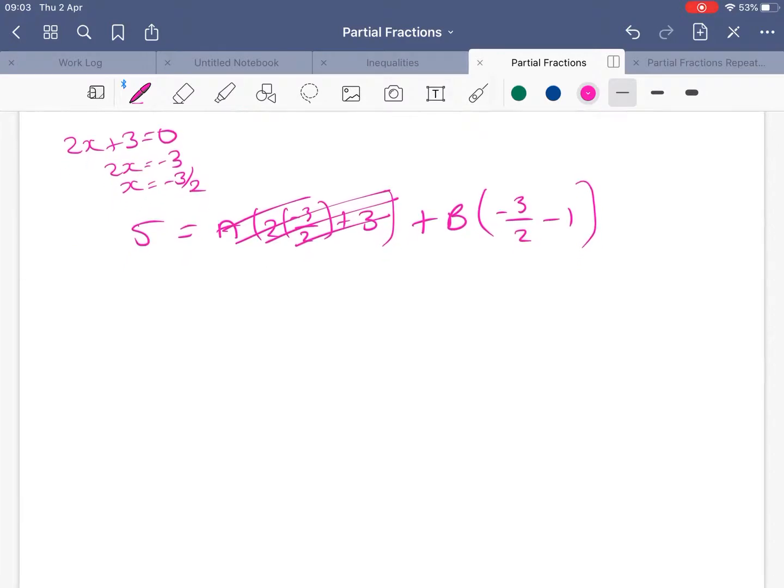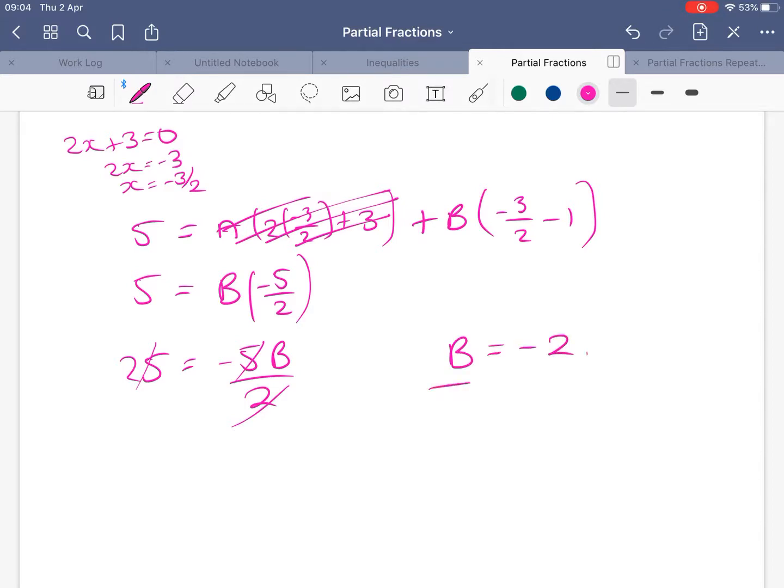So I'm left with 5 equals b times, well, minus 3 over 2 take away 1 is minus 5 over 2. So hopefully we've got 5 equals minus 5b over 2. They're going to cancel. 2 is going to go up there. So my b is equal to minus 2.